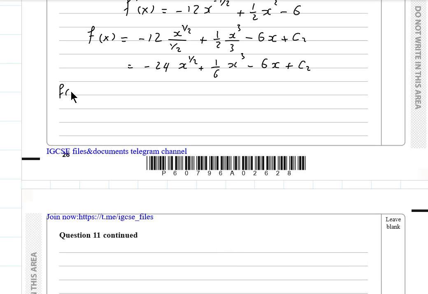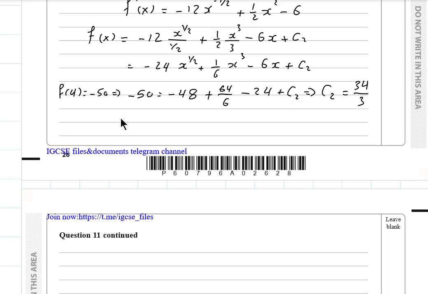So we write negative 50 here, and then we put 4 instead of x. 4 to the power half is 2, 2 times negative 24 is negative 48, and then plus 4 cubed, which is 64, divided by 6, minus 6 times 4, which is 24, plus c2, and then c2 will be equal to 34 over 3.